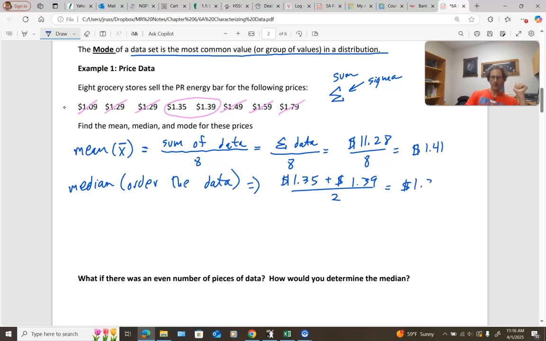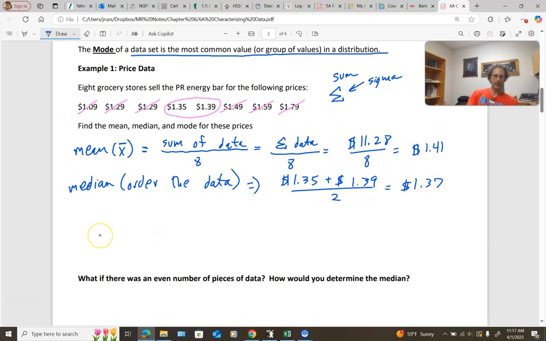This will be $1.37. In other words, I can see that the halfway point between $1.35 and $1.39 is $1.37. So the median price is $1.37. So these are both measures of central tendency, or the center of this data distribution. But you can see they're not quite the same, are they?